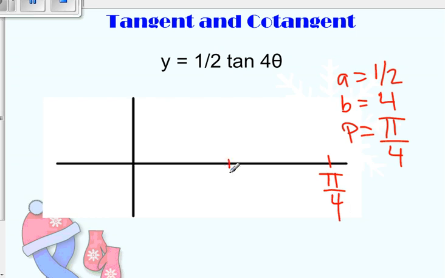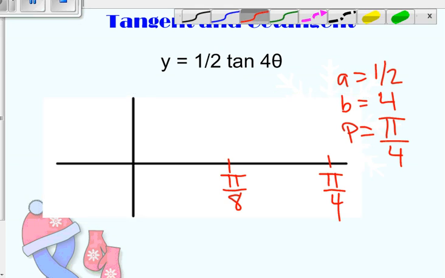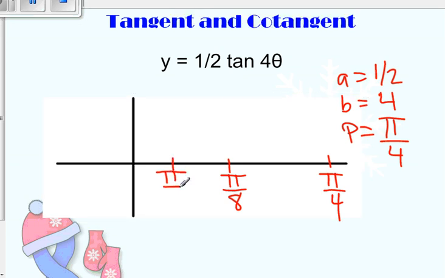Multiply by 1/2, we get pi over 8. And then we're going to cut pi over 8 in half, and we get pi over 16. So 1 pi over 16, 2 pi over 16, 3 pi over 16. And our amplitude is only 1/2.